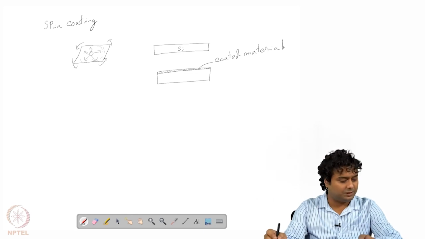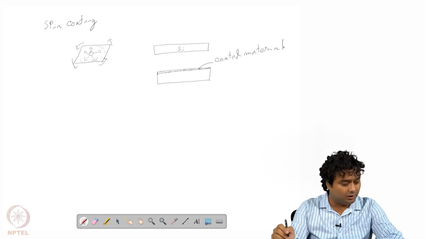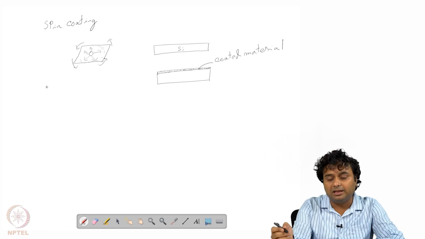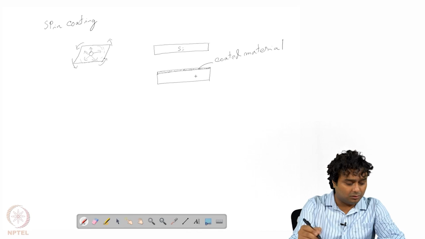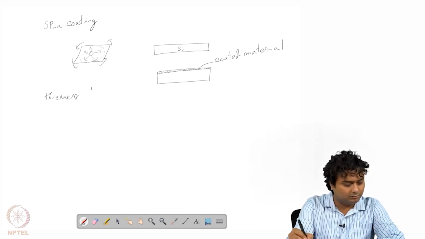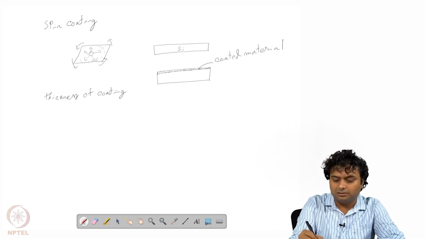Later on we will give a specific example of spin coating, but before that, let us see how the thickness of this coated material depends on different parameters.